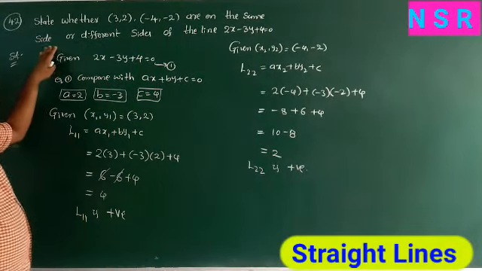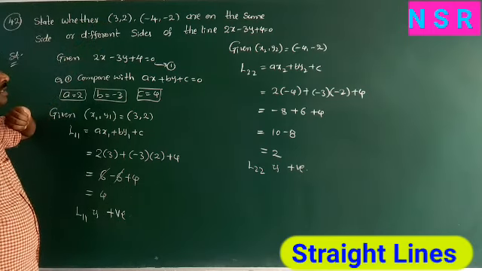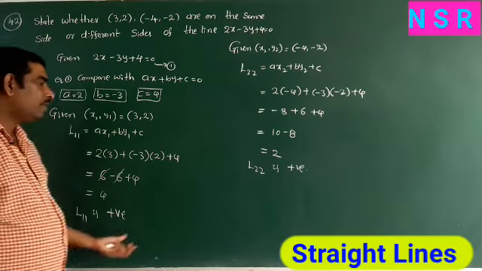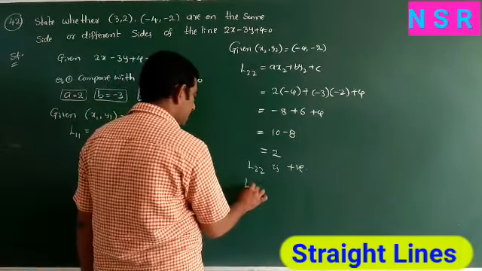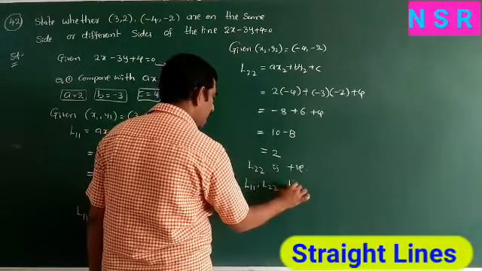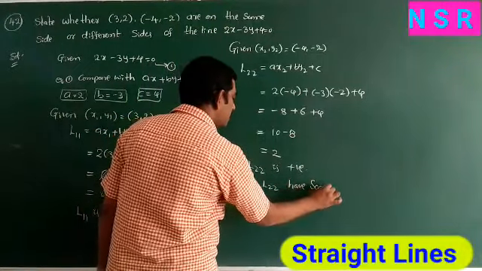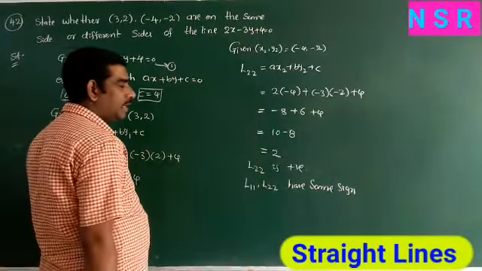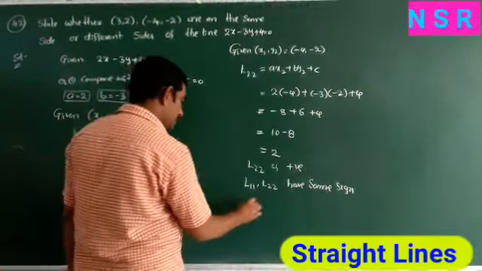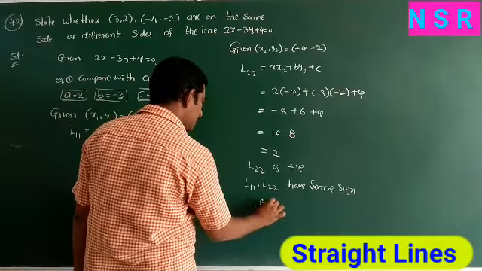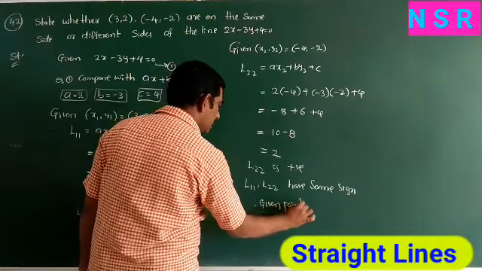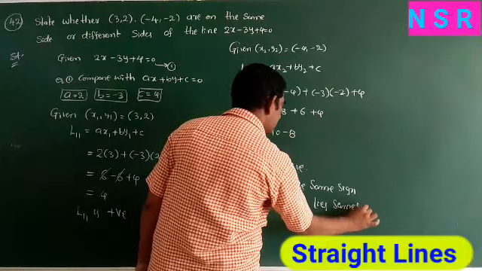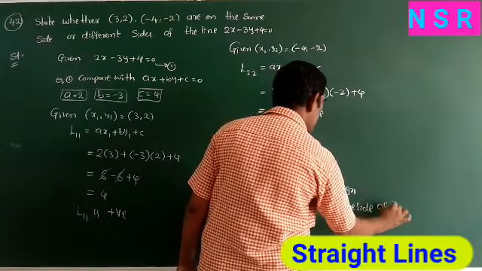So in this question we have to find whether these 2 points lie on the same side of this line or on different sides. So how to find? If L11 and L22 have the same sign, then the points lie on the same side of the line. If different sign, then different sides. Therefore, the given points lie on the same side of the line.